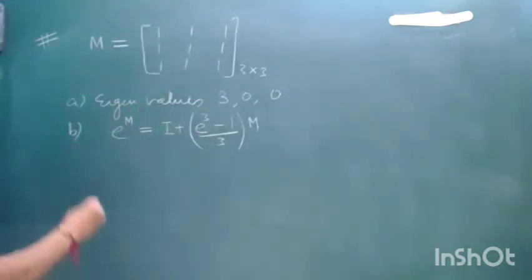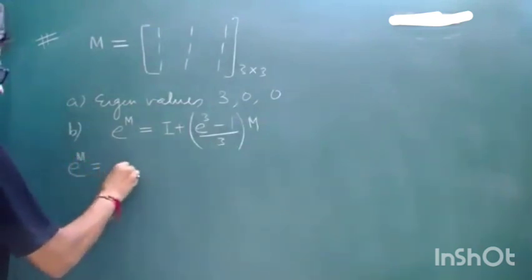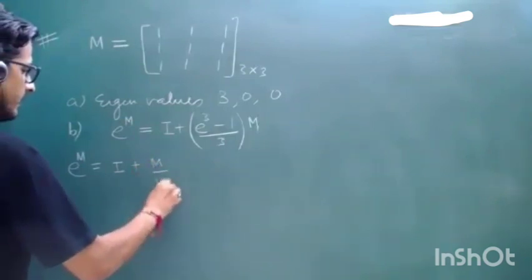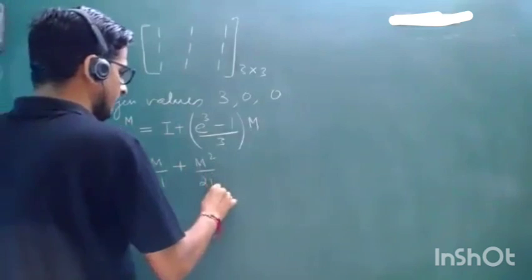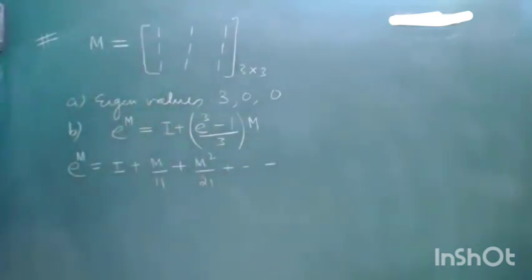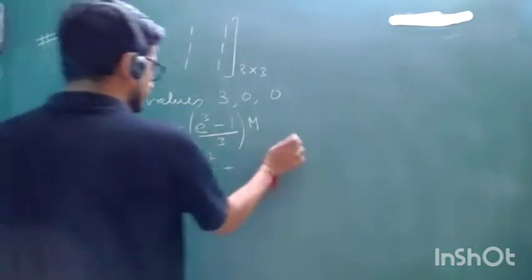So please see, e to the power m, I have told you, is I plus m by 1 factorial plus m square by 2 factorial plus m cube by 3 factorial plus and so on. This is correct? This you know?